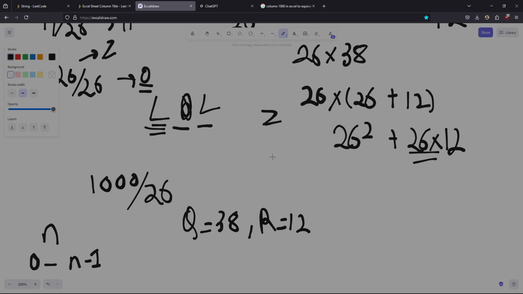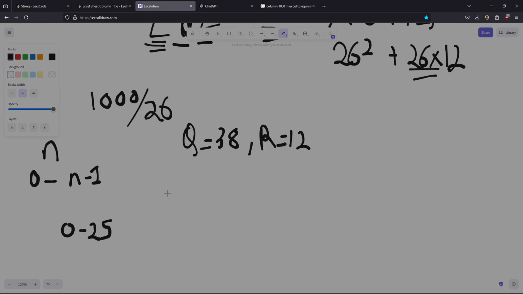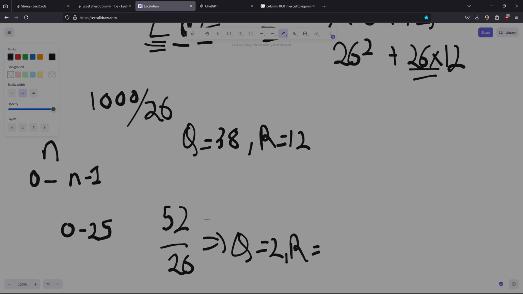Okay, so let's look at a simple number instead of 988, like 52, which is easier to calculate. When we divide 52 by 26, we get quotient equals 2 and remainder equals 0.